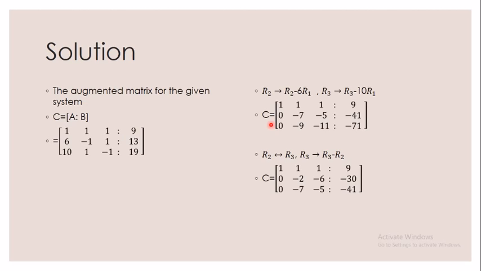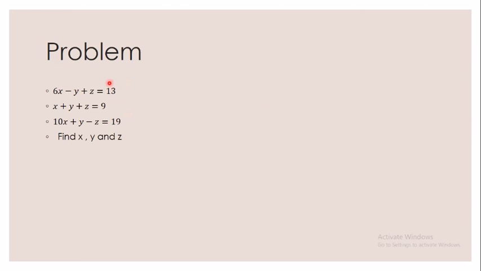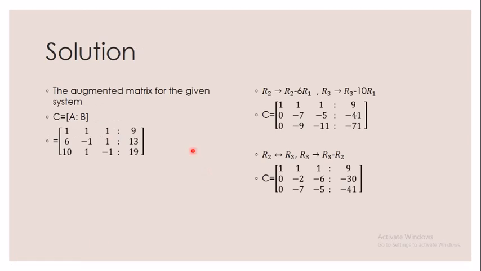That I have already done, and then I found out the augmented matrix, that is C is equal to [A B]. So here I have written all the A's, and here it is all the D's. Fine, I hope this is clear with you.